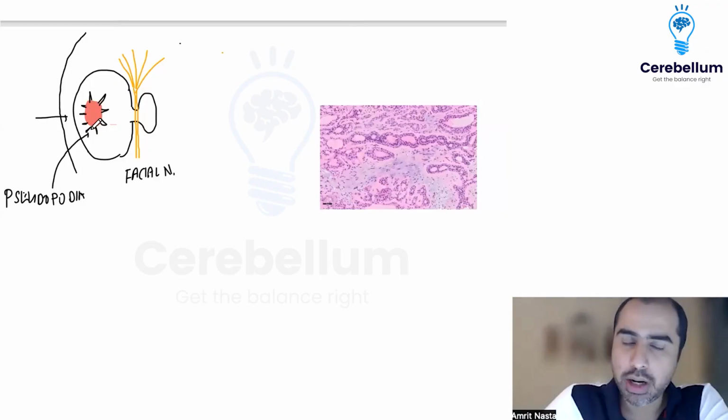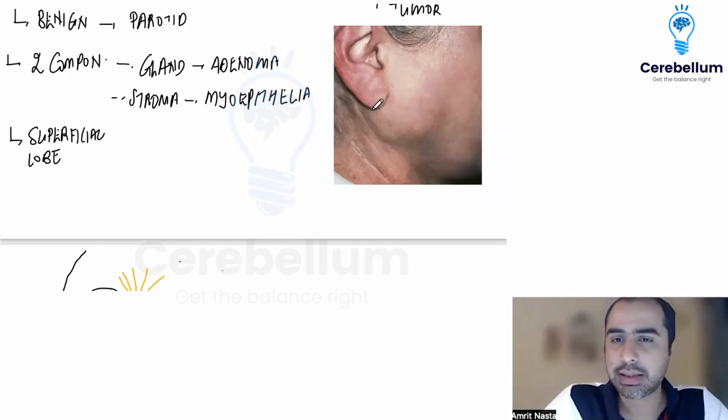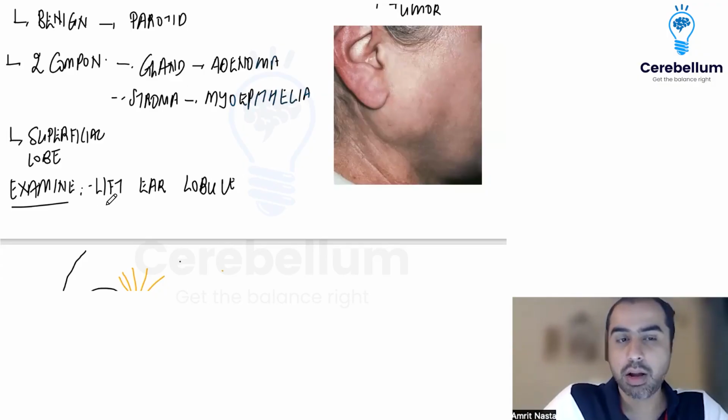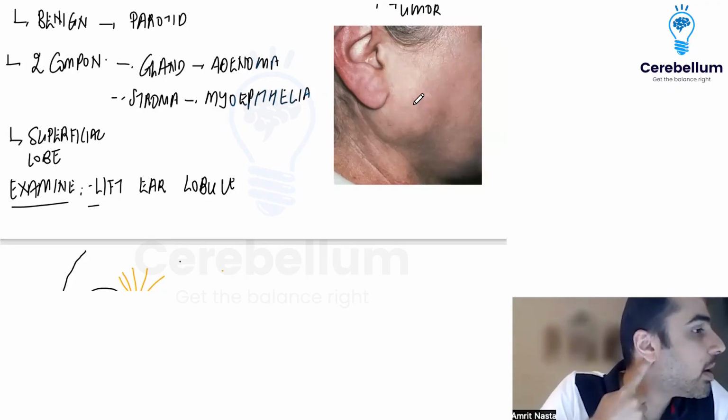If I get a tumor like this and it keeps growing, person will come with a swelling like this. So he will come with a swelling just in front of the ear, and when I examine the swelling, this swelling will lift the ear lobule. That's the very typical finding. It will lift the ear lobule. If you put your finger below your ear lobule, you can see the little groove here.